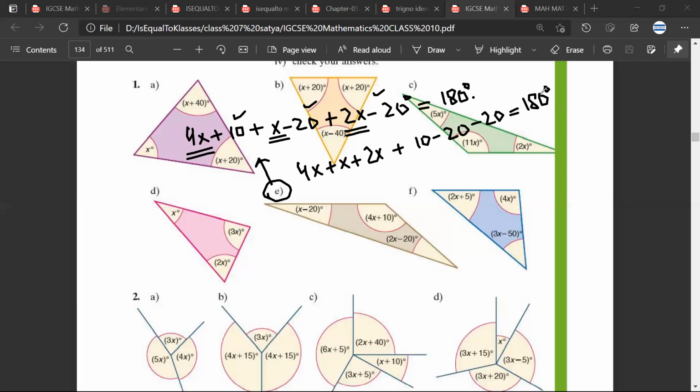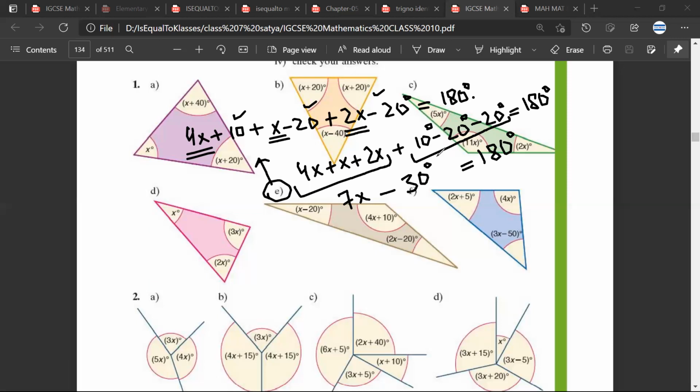No. So this would be equal to, Mr. Satya? 7x. And this would be equal to? So minus 10. See, this is minus 40 and plus 10. This would be minus 30 degrees.